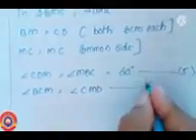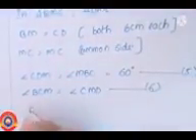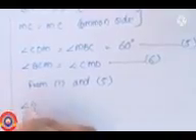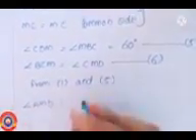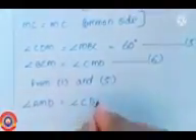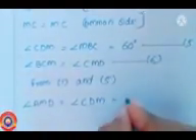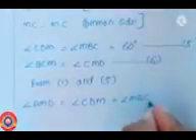Put equation number 6. From equations 1 and 5, we can say that angle AMD is equal to angle CDM, which is equal to angle MBC, which is equal to 60 degrees.